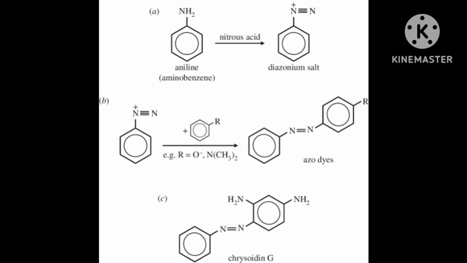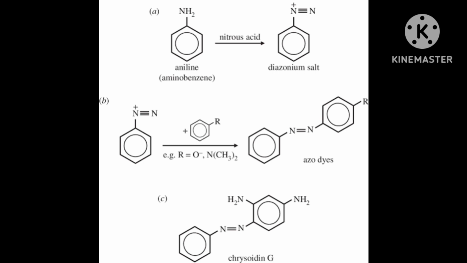Okay, then I have discussed all the important things. One problem is there that I want to discuss before finishing this chapter. This type of question is actually asked. It is a conversion. The question I am telling you: how will you convert 4-nitrotoluene to 2-bromobenzoic acid?